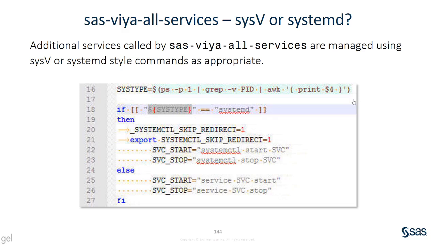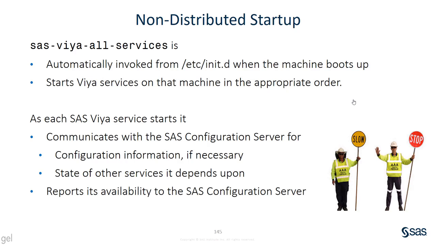If you start something with a system control command, you want to make sure you stop it with a system control command so that all of the artifacts get cleaned up afterwards. Lock files, process ID files, that sort of thing. SAS Viya All Services takes care of that for me, but we wanted to mention it so that you know if you manage services individually, you'd have to keep that in mind.